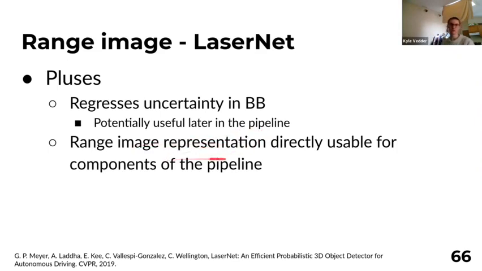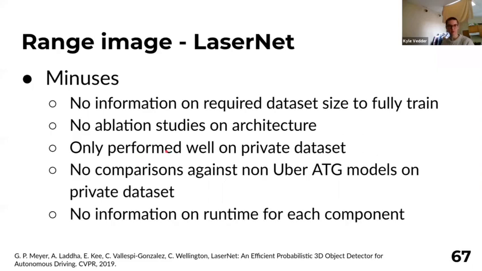And they also talk about how the range image representation is really useful because it's directly usable for other components of the pipeline. However, I would say that looking at this literature specifically, one of the primary drawbacks is that it doesn't have any sort of good performance on any data set that you're able to evaluate on, right? They hide the data set that they performed well on.